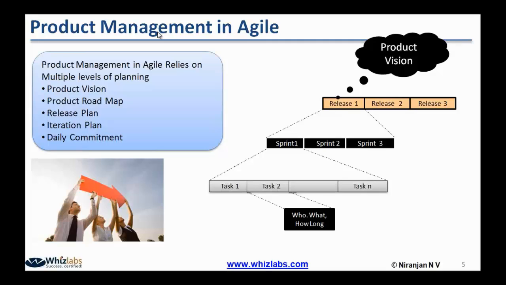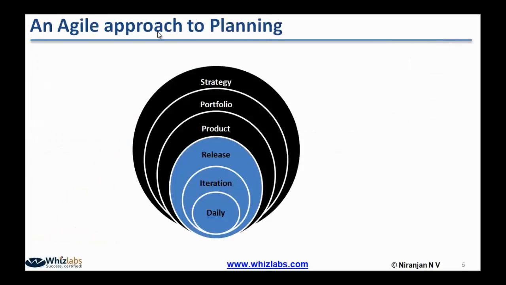So everyone should take care that even at the daily task level, there is proper alignment to the product vision. Let us see how we will ensure this in Agile projects.